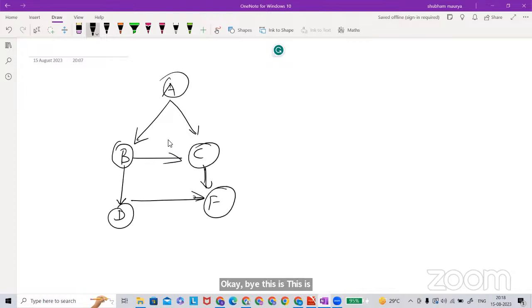If you start DFS from here, we'll go to B, and from B, as we have to go in alphabetic order, then C. So A, then B, then C, but from C we will not go to F because we want to go in alphabetic order. So we will start backing.